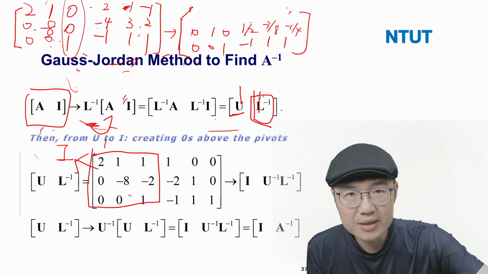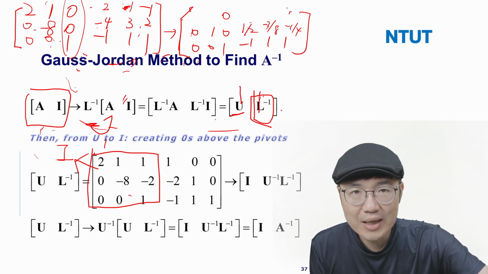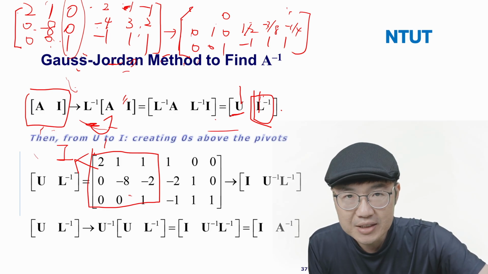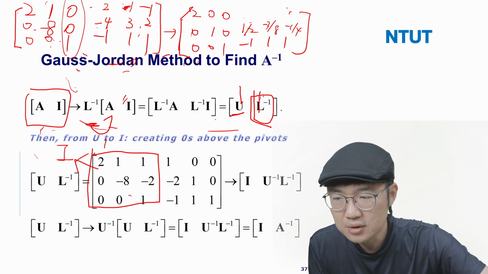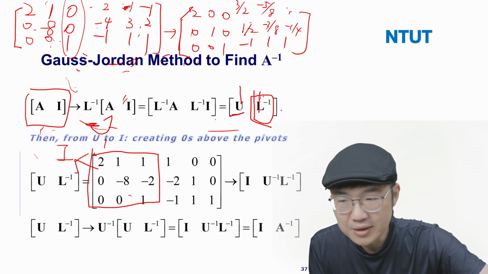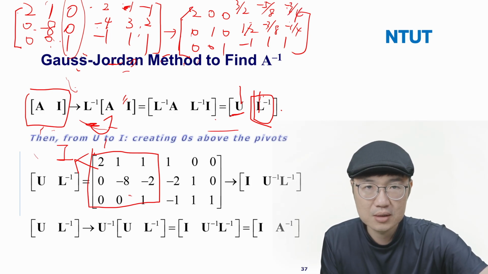With this at hand, this is already 1, right? So we multiply the second row by -1 and add it to the first, which will give 2, 0, 0, 3 over 2, -5 over 8, and -3 over 4.